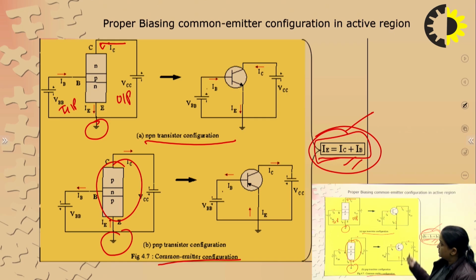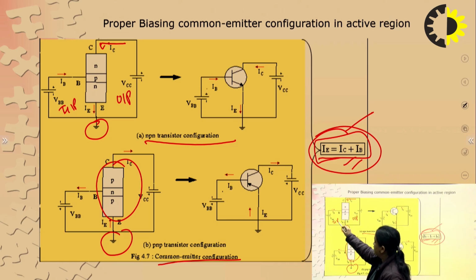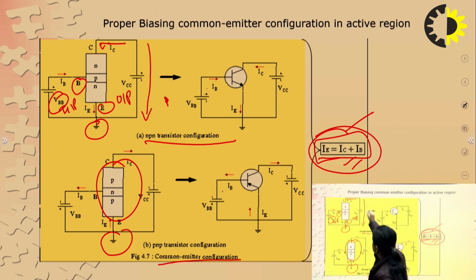So what we are observing in this circuit diagram is that it is an NPN transistor. This is your base terminal, this is emitter, and this is collector. This is the base voltage, that is VBB. This is the collector supply voltage, also considered as the output voltage, VCC.